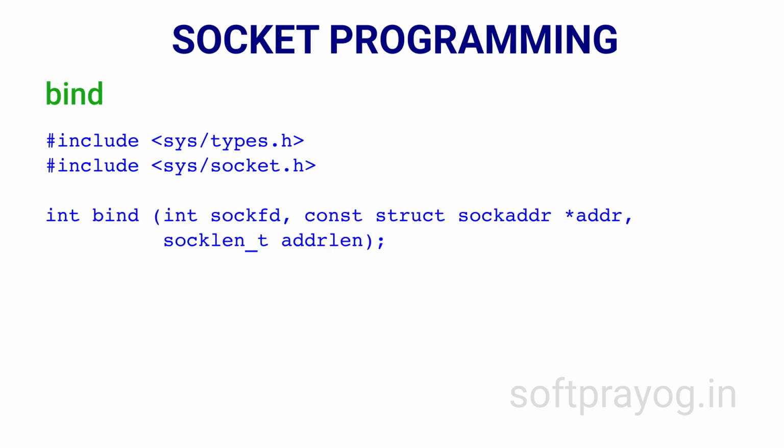When a socket is created with a socket system call, it has an address family like AF_INET, socket type like SOCK_STREAM, but it does not have a network address associated with it. With a bind system call, we can associate an address with the socket. The first parameter is the socket file descriptor. The next two parameters are address and address length respectively, which have been obtained earlier using the getaddrinfo function.